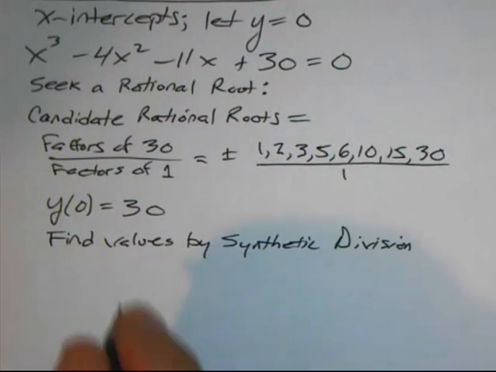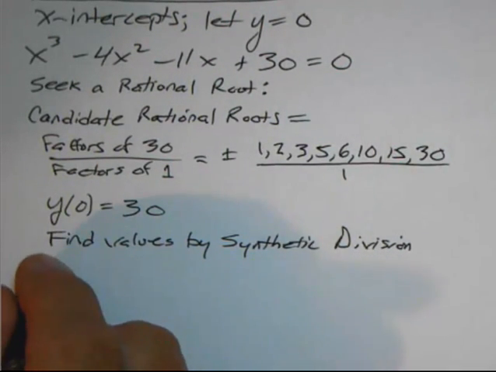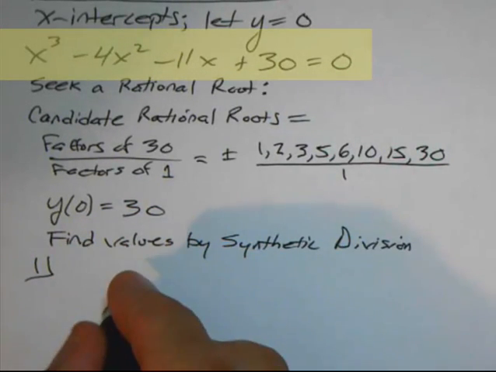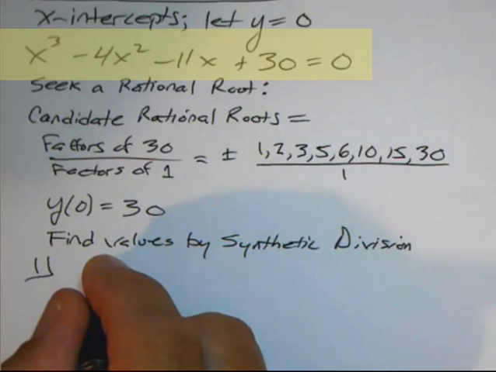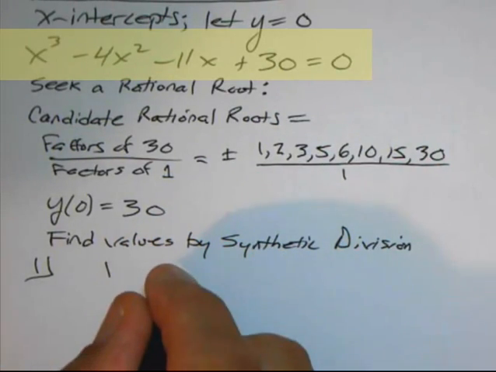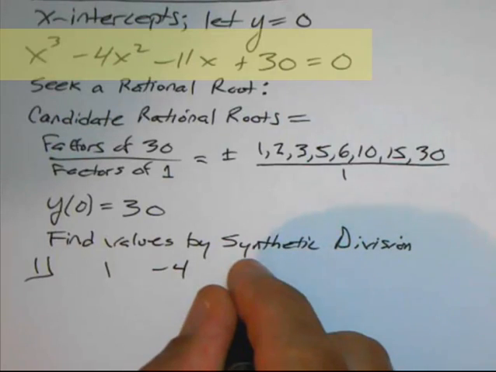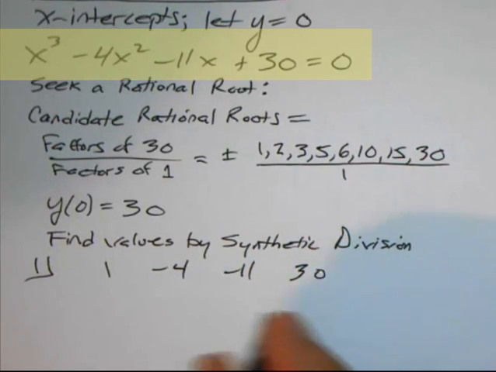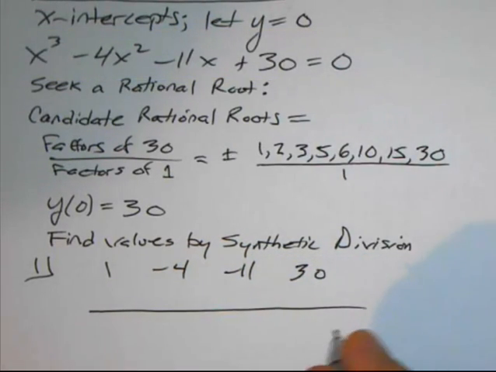So here we go. We want to find the value at 1, so 1 goes off in a box here on the side. Now the coefficients of the polynomial are 1, negative 4, negative 11, and 30. Leave a space and a bar.